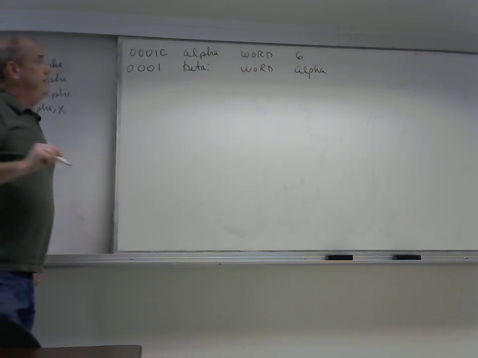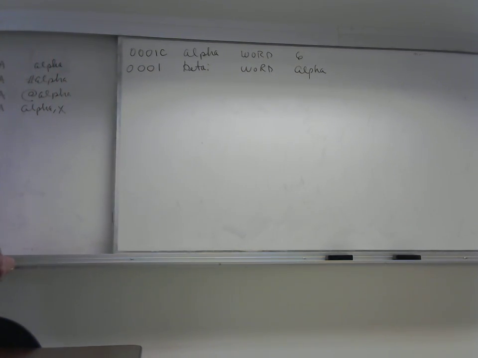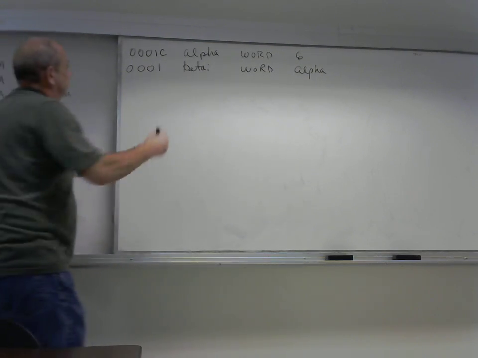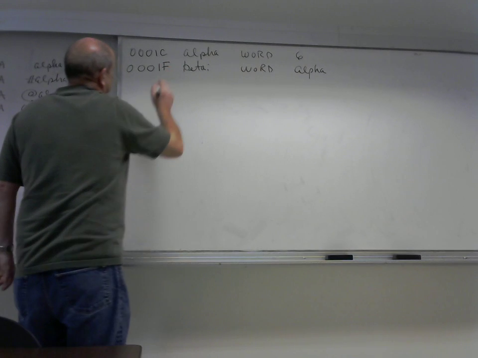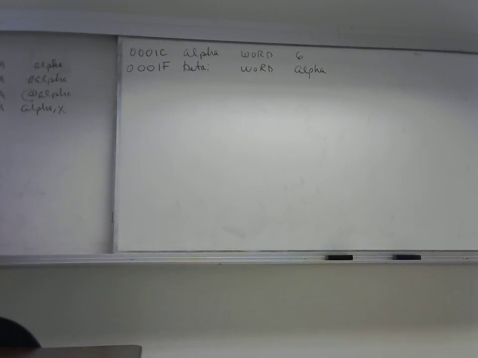A word is 3 bytes, 1C plus 3 is 1F. Everybody with me? Okay. Now, there's no pound sign on alpha, but it's still the address of alpha because that's all alpha is: the address.